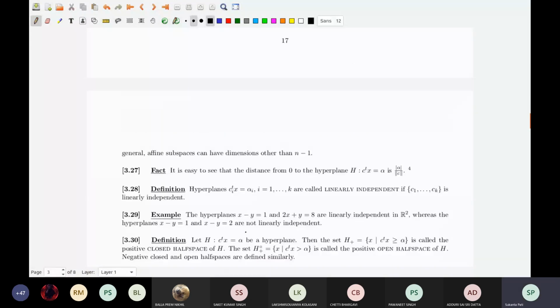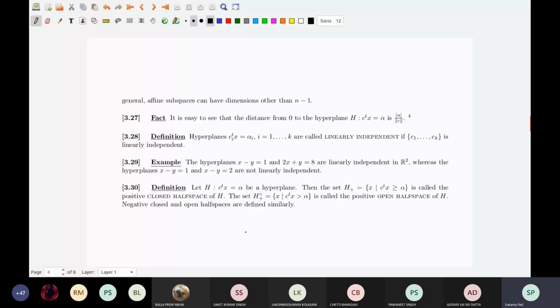Normally we would write H colon C transpose x equal to alpha to mean a hyperplane. This is a hyperplane.